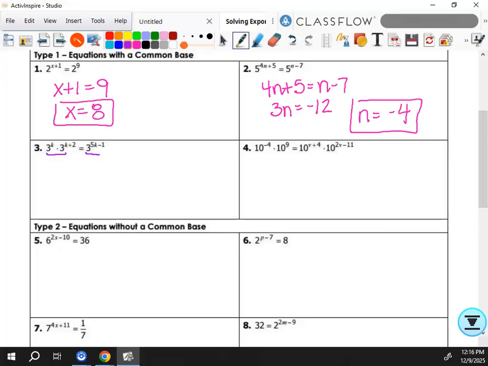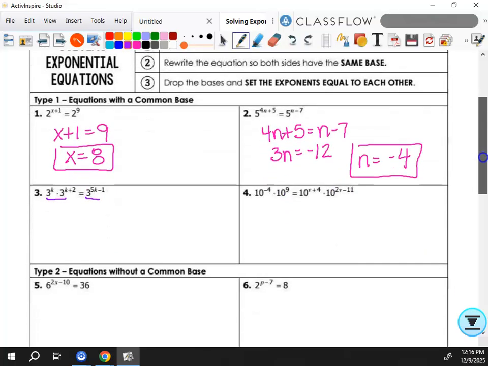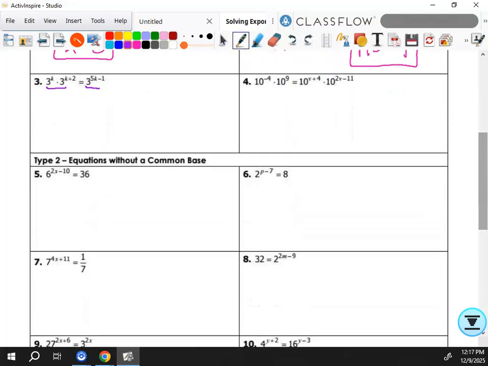Add them. If you multiply 2, so because if I had, let's do this up here, if I had x squared times x to the 3rd, that gives me x to the 5th, right? We know that, and that's because we added the exponents. So here, this would give me 3 to the k plus 3k plus 2 equals 3 to the 5k minus 1.